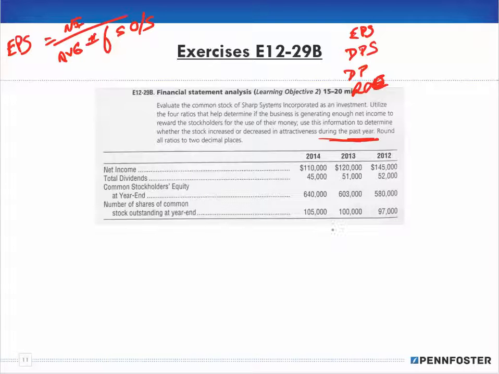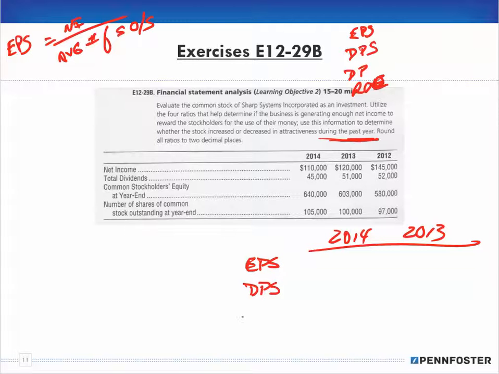So I need 2014 numbers and I need 2013 numbers. So I'm going to have earnings per share, dividends per share, dividend payout, and return on equity. And as I work through, I'll do the work over here on the side, and I'm going to pause the video and erase between each calculation.